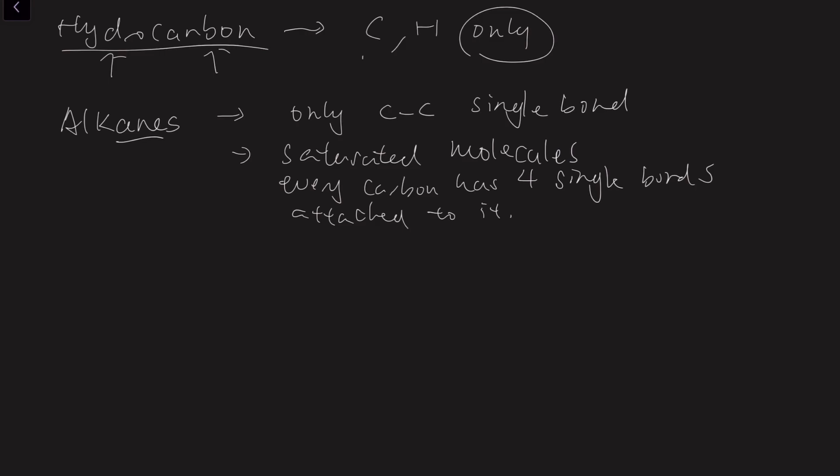So only if you have carbon-to-carbon single bonds is it a saturated molecule. And it follows a tetrahedral arrangement. One bond is coming out of the page, one is going into the page, and the bond angle between them is 109.5 degrees. You can obtain this by dividing 360 by 4.